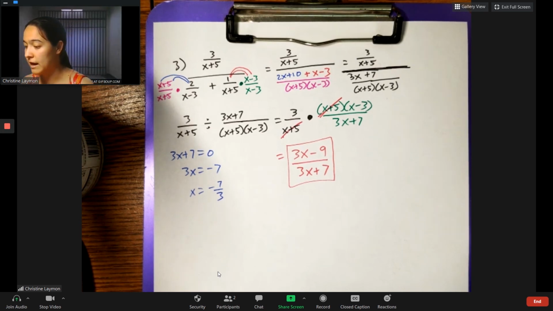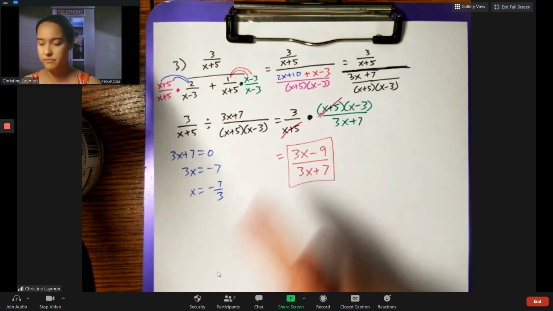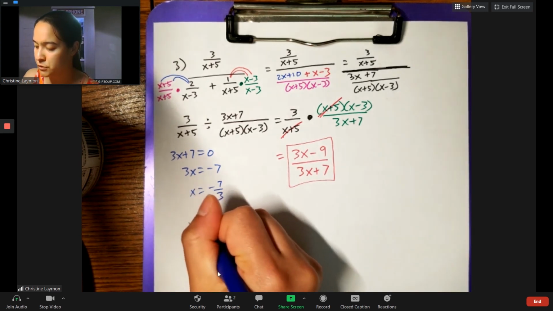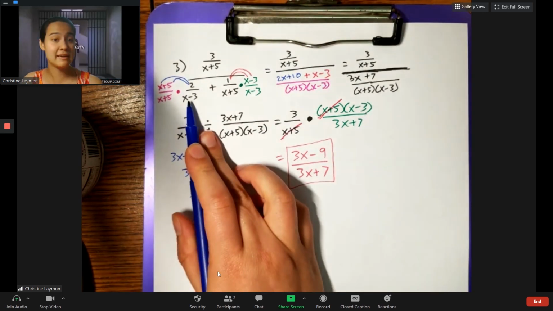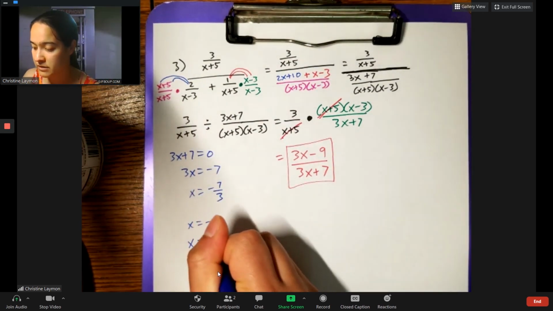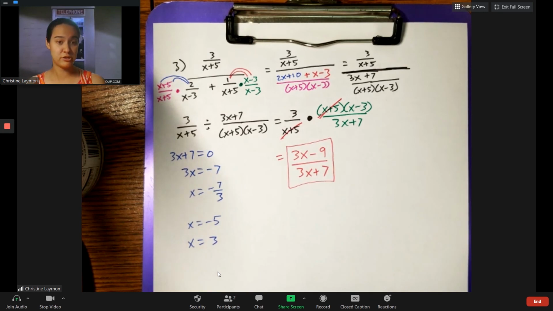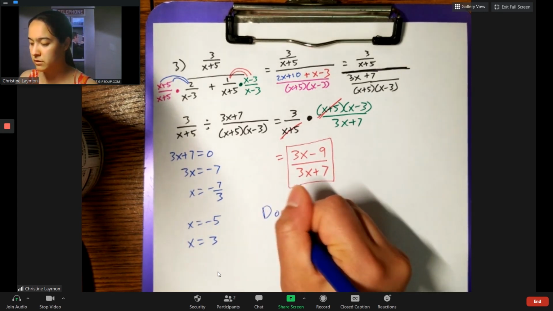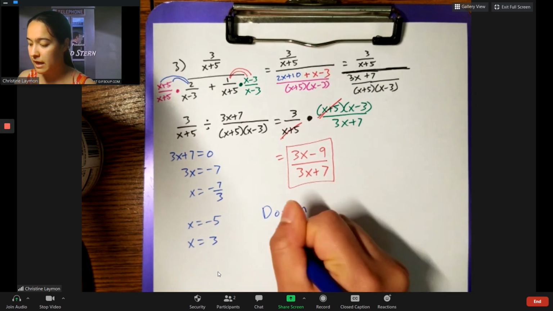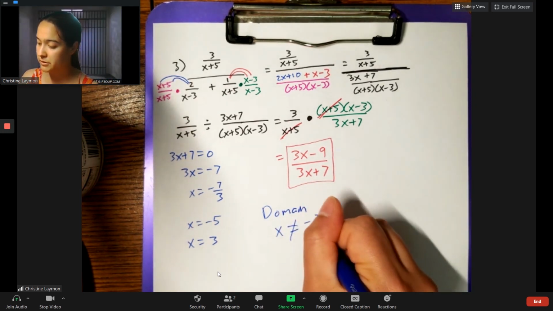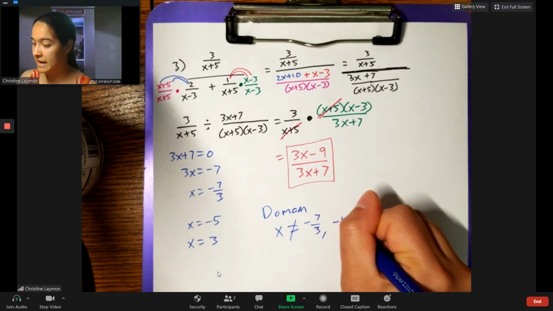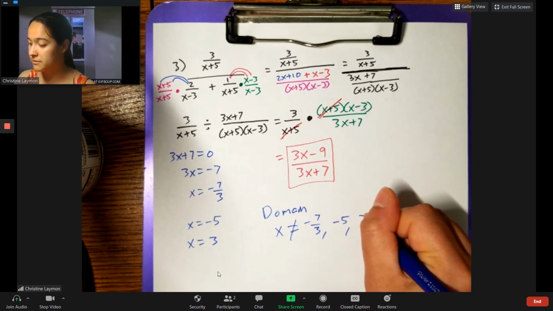As I take a look here, I see that I had an x plus 5. That means another point of issue will be x equals negative 5. And I keep looking through here, I see that at one point I had x minus 3. So x equals 3 is going to be another issue. So in terms of our domain, x is all real numbers, but it is not negative 7/3. It is not negative 5, and it is not positive 3.